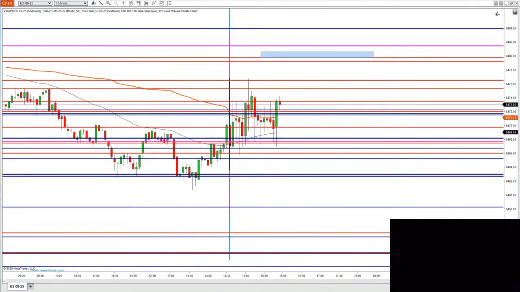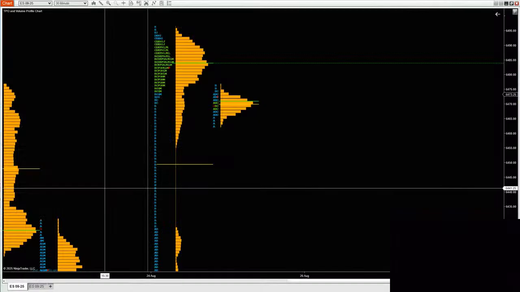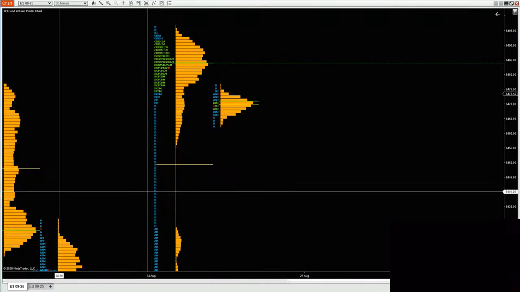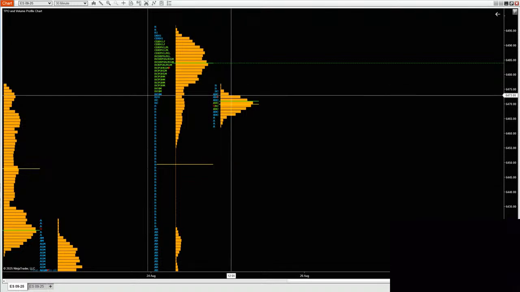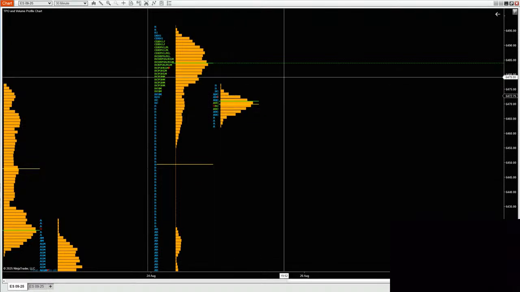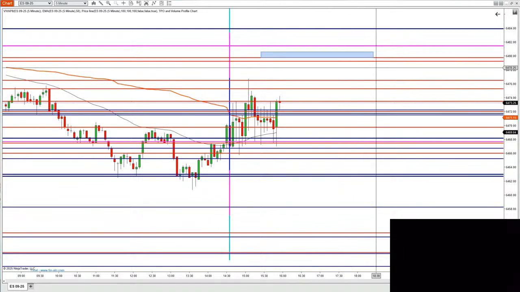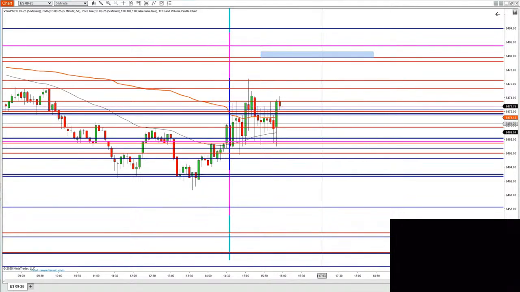We're not looking at the profile chart because it is just range bound, so you don't see much difference in how the profile is elongated. It's just properly distributed. 69.75 is the stop loss for the second trade, and this is the stop loss for the first trade.